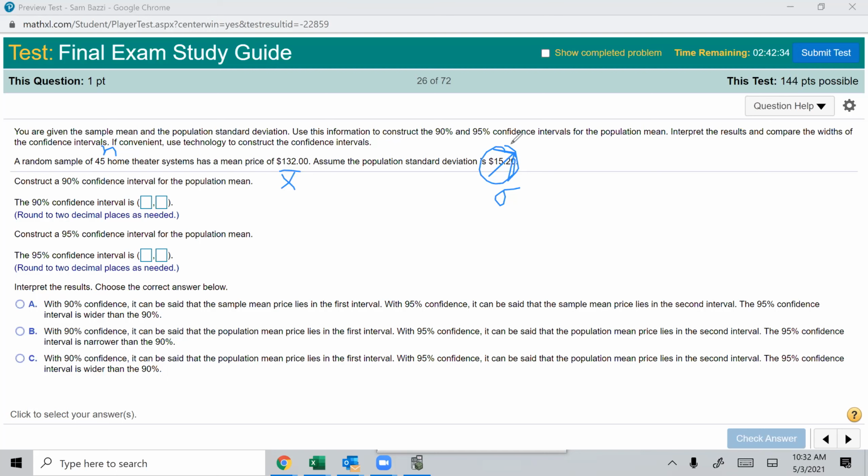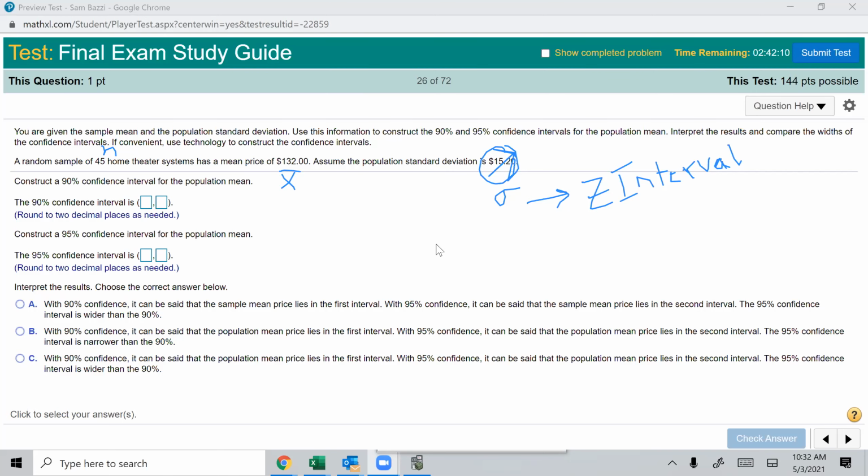When sigma is given, guys, when the population standard deviation is given, you cannot use T, you must use Z. So it's going to be a Z interval here. This is the hint. This is the big hint. You use a T interval, you're going to give me wrong intervals because he gives you sigma, it must be a Z distribution.